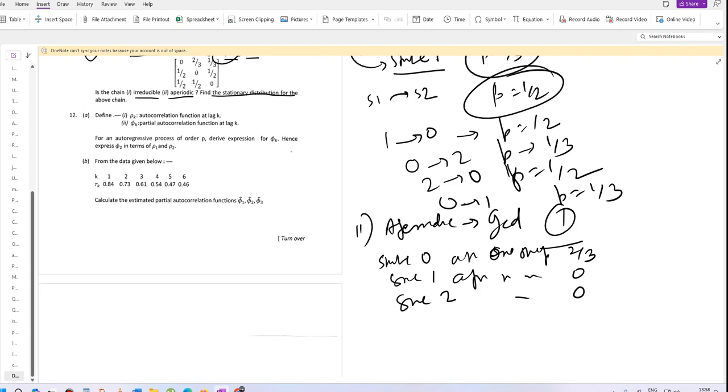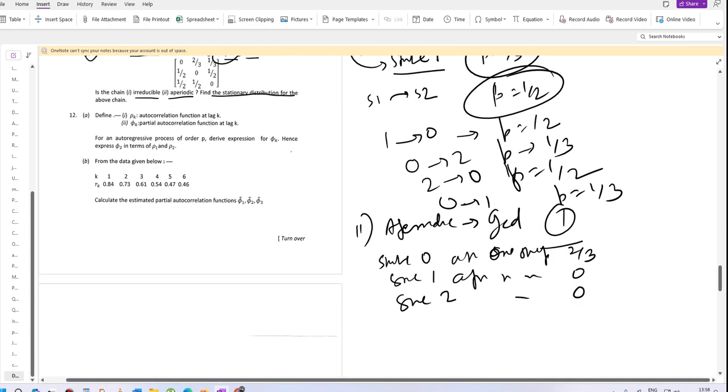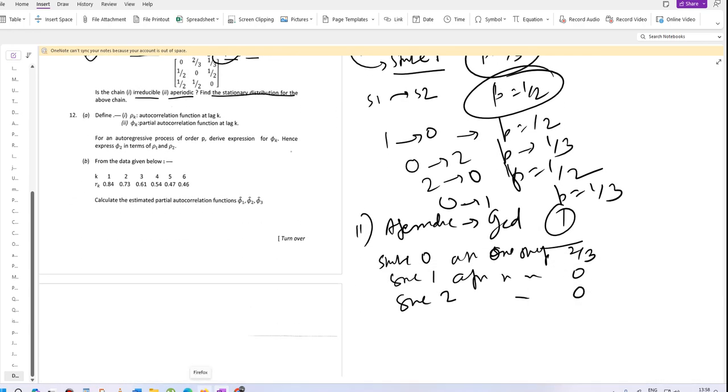Now we also have to find the stationary distribution. For an irreducible and aperiodic Markov chain, the stationary distribution exists and is unique. So here we need to solve a system of linear equations. We take pi as a row vector: pi is pi 0, pi 1 and pi 2, representing the probabilities of being at state 0, state 1 and state 2 respectively.